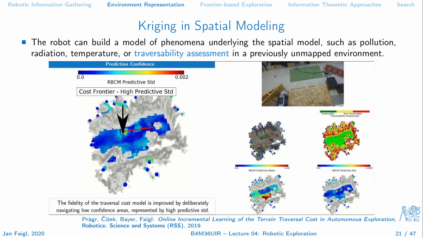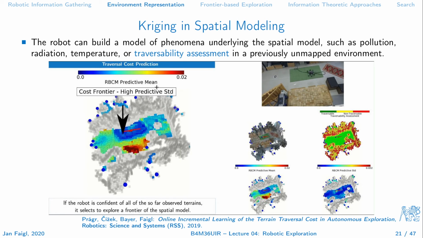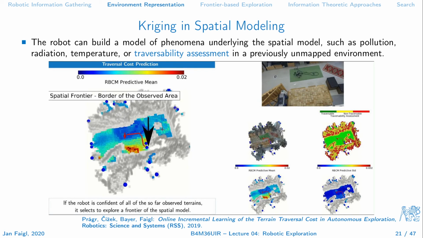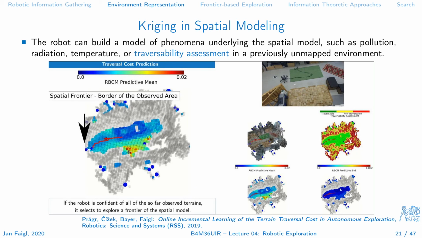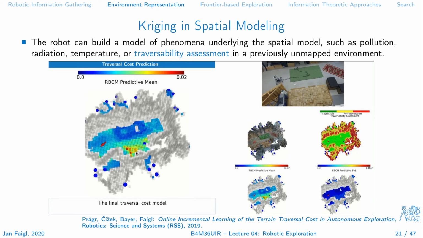This is an example of combined exploration with traversability assessment learning. The robot is building a spatial, geometrical map, but also considers whether each particular cell is traversable or not, and models this using Gaussian processes.